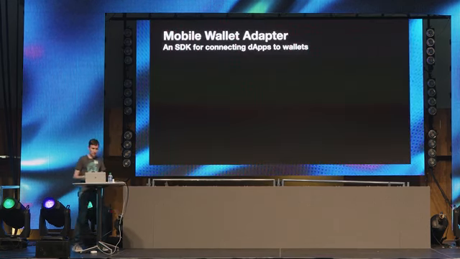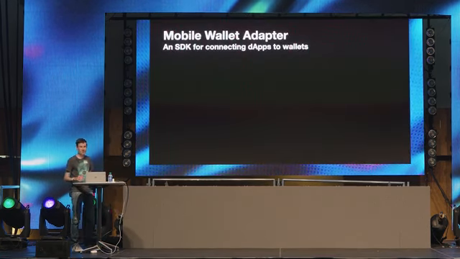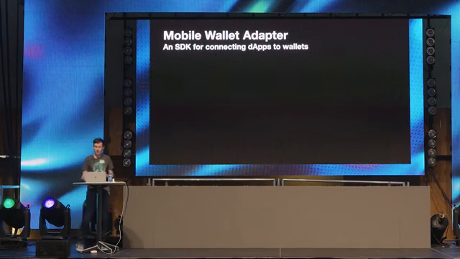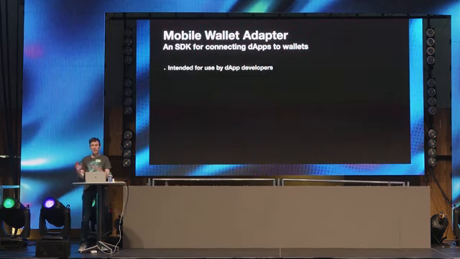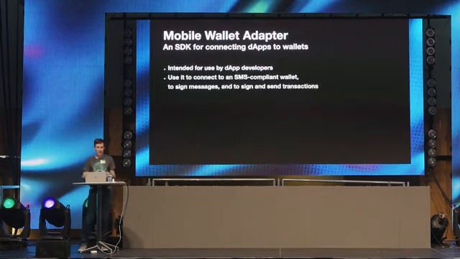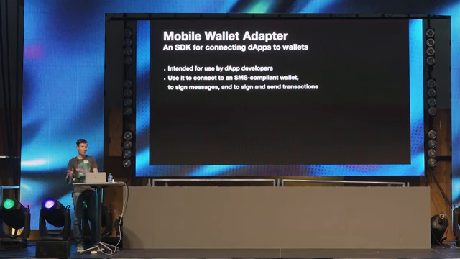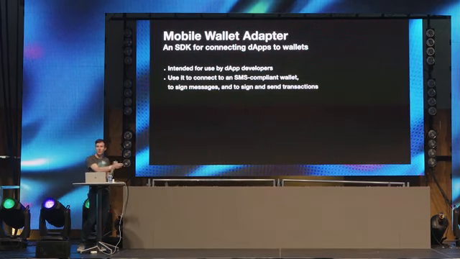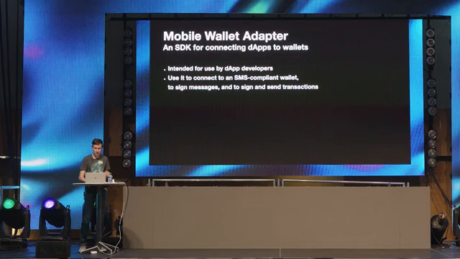So, first thing I'm going to talk about is the mobile wallet adapter. This is mainly intended for use if you're building a dApp. And you use it in your dApps to connect to a Solana Mobile Stack compliant wallet to ask it to do a bunch of things for your app, like sign messages and send transactions.